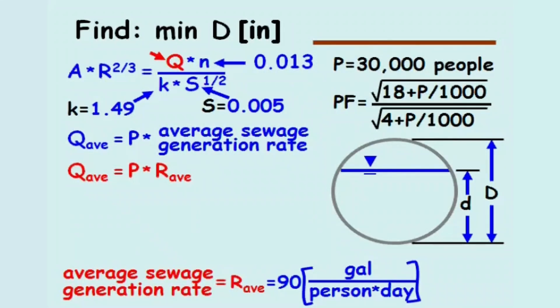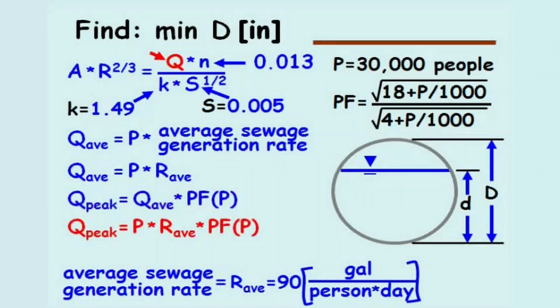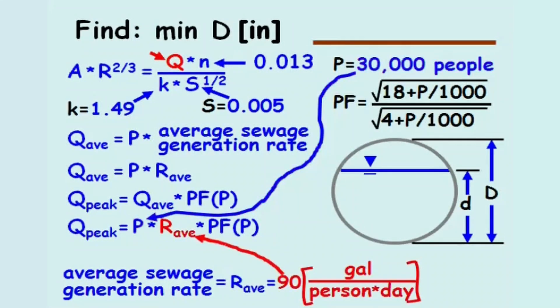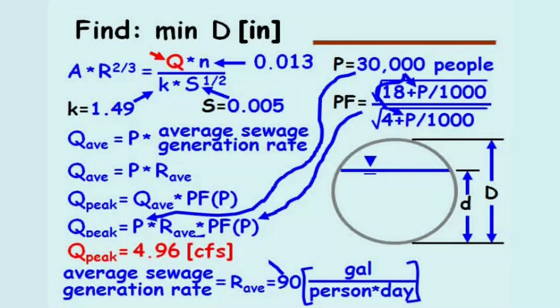However, in sewer design, we want to account for the peak flow rate through the pipe, which equals the average flow rate times a peaking factor, PF. This peaking factor is a function of the population. Plugging in our known values for the population, the generation rate, and the peaking factor, after its value is calculated using a population of P, the peak flow rate computes to 4.96 cubic feet per second.